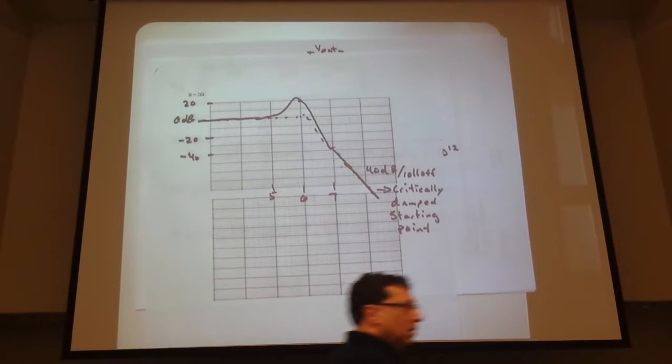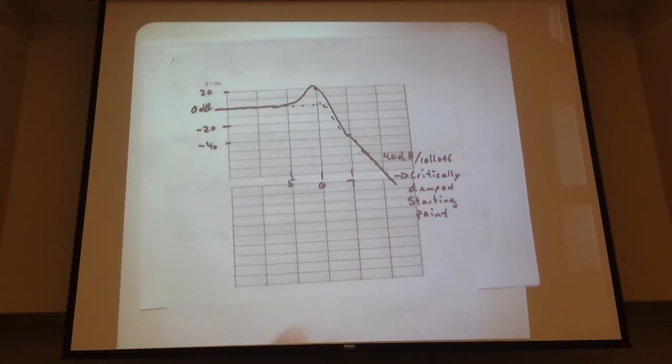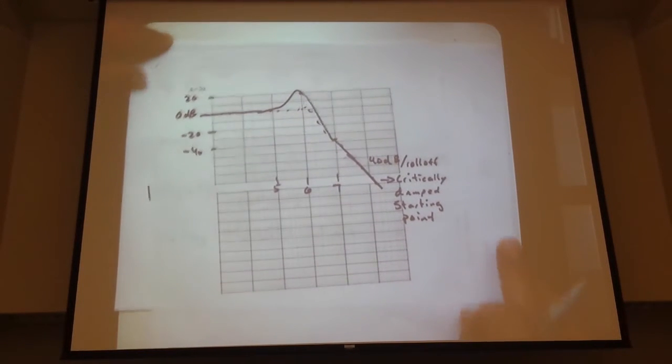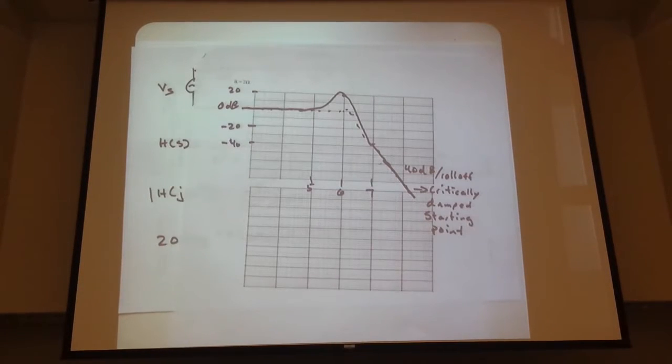But this is a real response. So if you have an underdamped circuit and you're building a filter and you do it poorly, this is what happens in the vicinity of the resonant frequency of the circuit. And you've all probably heard that at some point in your life. That's a real thing. And we'll do that in the lab and you'll see it.